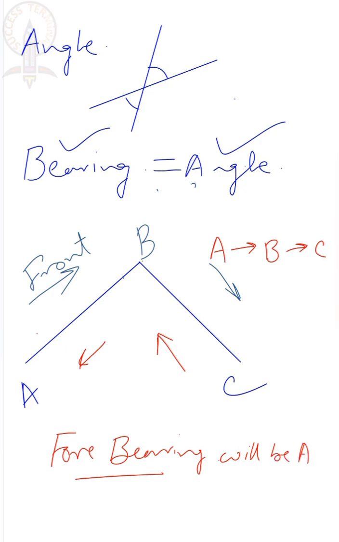Suppose we are considering the line AB. Therefore the fore bearing will be at A. Now, the same line, the bearing should also be the same? No, there is a small difference.